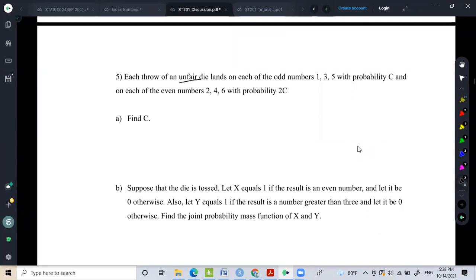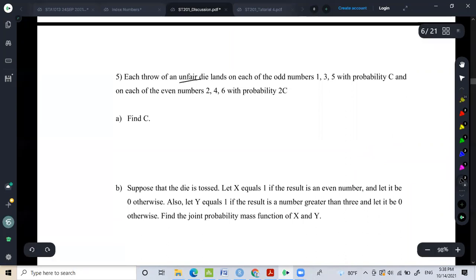Not all these faces have the same probability. It is biased toward 2, 4, and 6. The probability of getting 1, 3, or 5 will be C, but 2, 4, and 6 are 2 times C. So it is an unbalanced or unfair die.